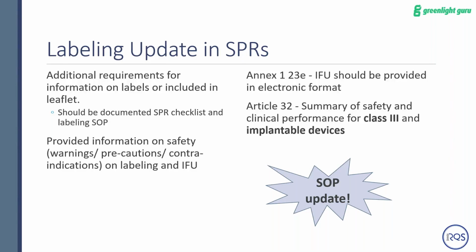Another big one is IFU should be provided in electronic format on your website. So all companies should have their instruction for use and label available to the public for review or reference if they're using that device.